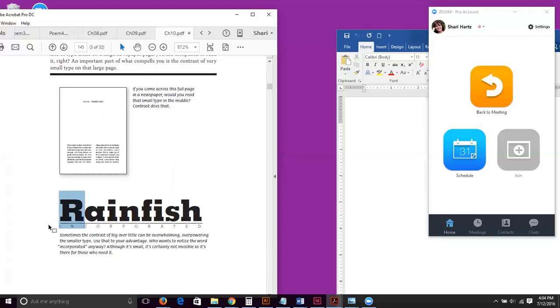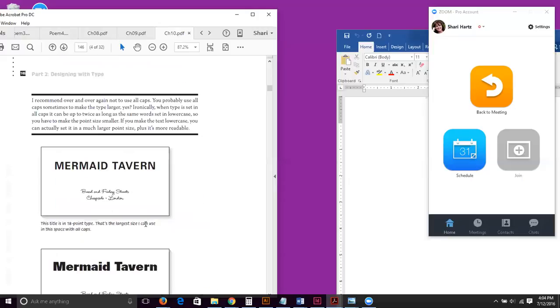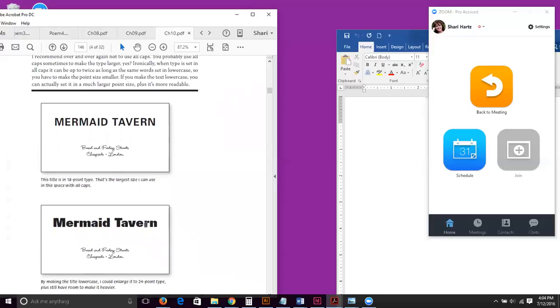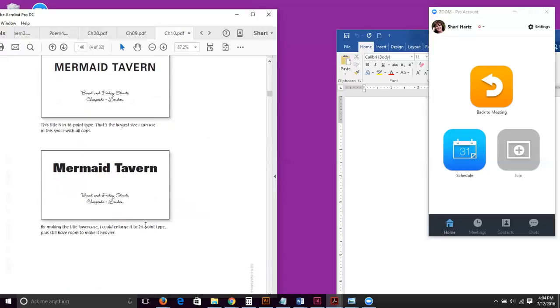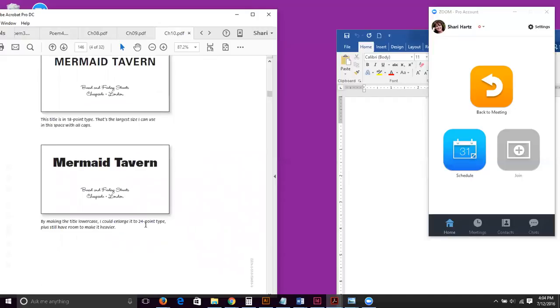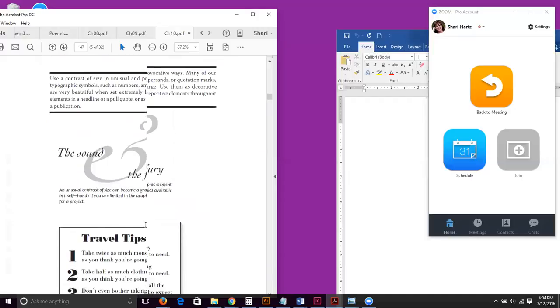There are three different words. There's leading, which is the space between the lines. There's tracking, which is the space across letters, and there's kerning, which is the space between two letters. Because this is across letters, we're going to call it tracking. I don't think they discussed that in here, but I'm planting that in your head because you're going to hear those terms over and over again.